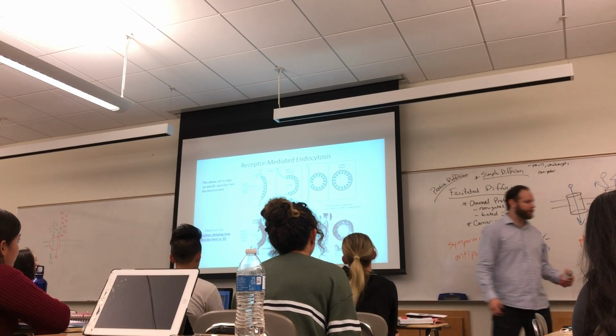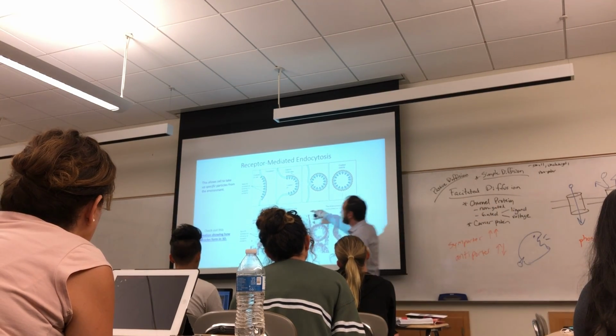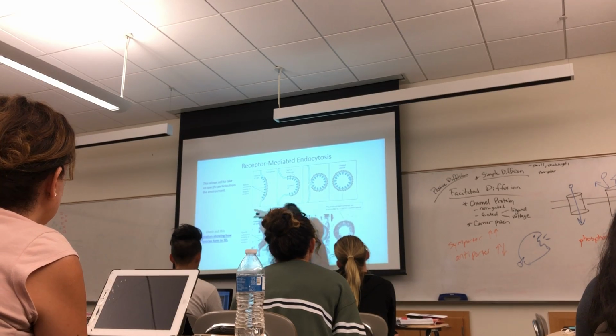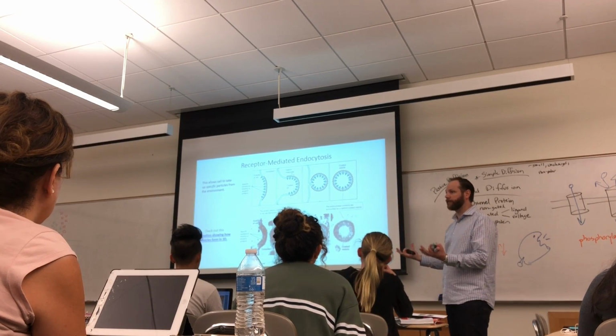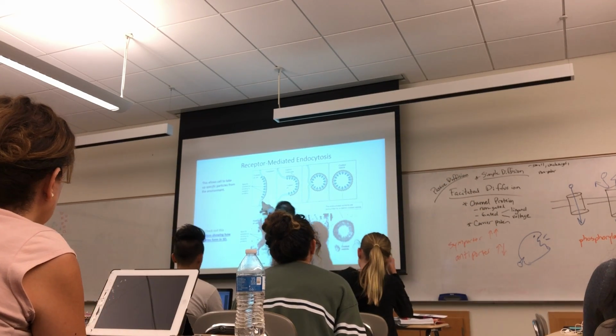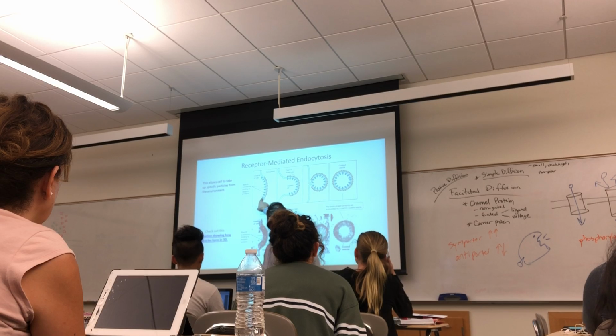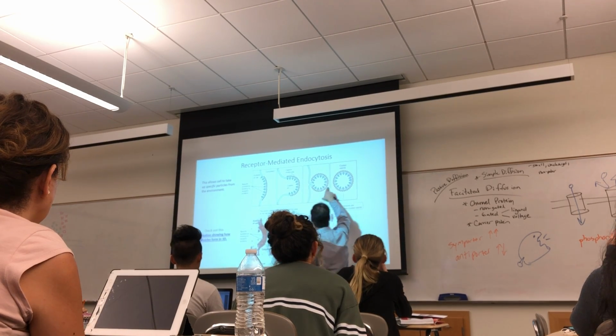Okay, receptor-mediated endocytosis. This is when proteins on the surface are going to recognize whether or not they should pick up something from the exterior environment. So if this little blue guy here binds to the receptor, that will trigger this to form a vesicle.